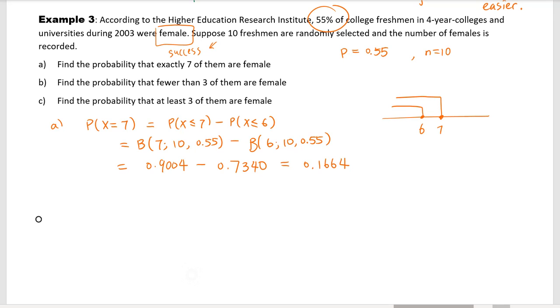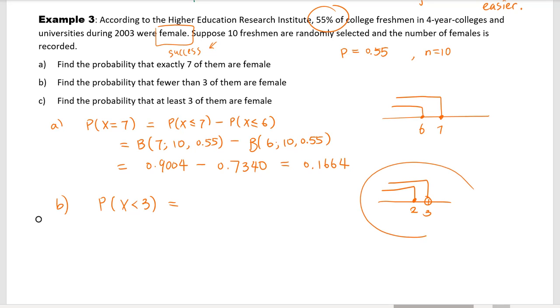Do you have the same answers? When you start any example, feel free to pause the video and try the problem first, and then continue to play the video and check your answers. Okay, part B, find the probability that fewer than 3 of them are female. Fewer than 3, so less than 3. Our CDF is less than or equal to, so less than 3 is less than or equal to 2.